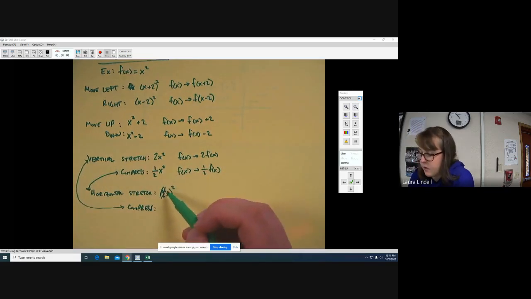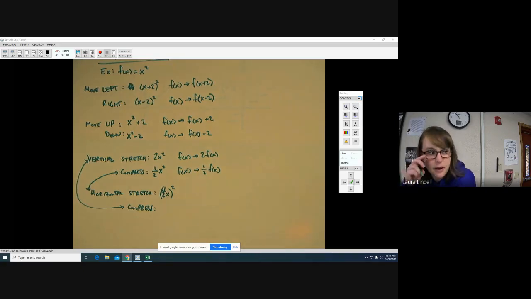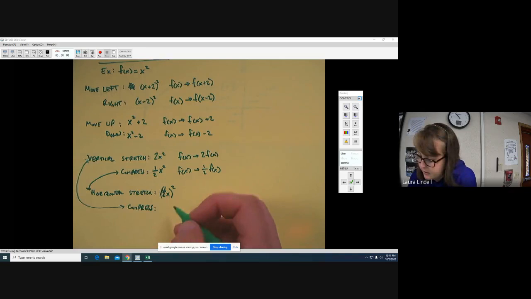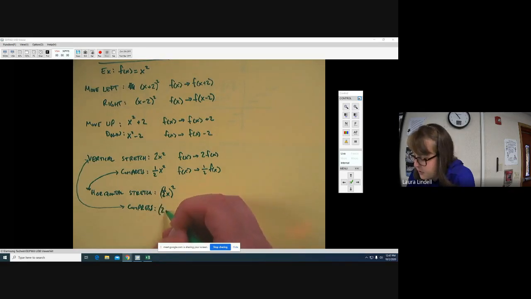And so then this is horizontally stretched, but it's by a factor of, if you were to take this to the second power, that's the factor that it's stretched by, because it's inside with the x. So whatever you do with the square, you have to distribute, since it's in the parentheses. You have to give it to both of them. And so then compression would be a similar idea here.